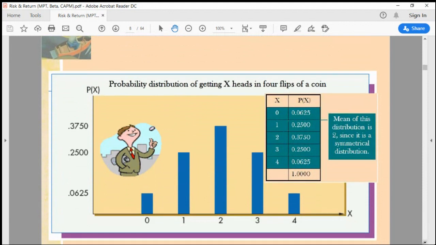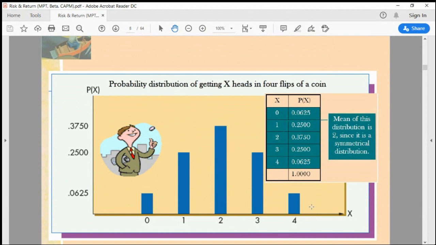And so, of course, probabilities can be described by a histogram like this, and the possible events are discrete.